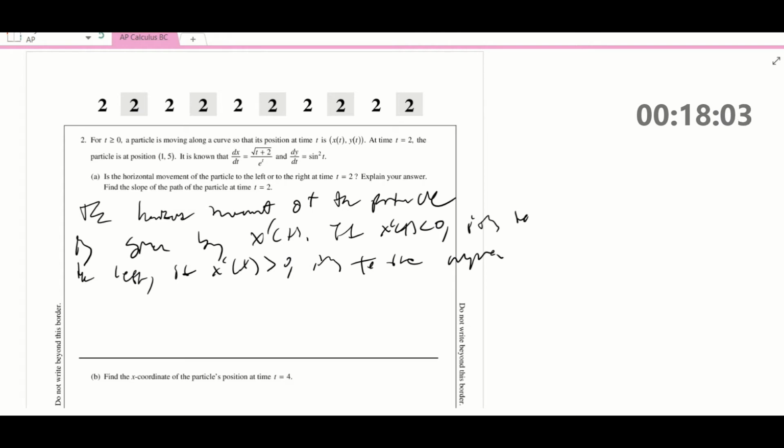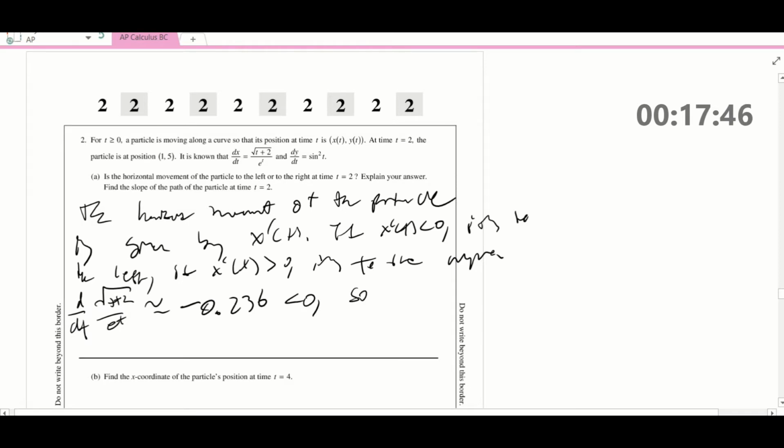So dx/dt is approximately negative 0.236, which is less than 0. So it moves to the left.